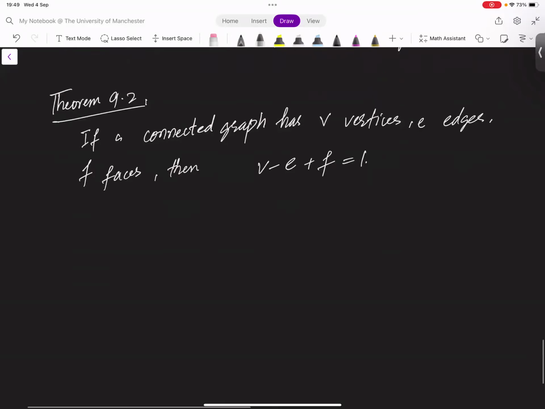Now, theorem 9.2 easily implies Euler's theorem 9.1.